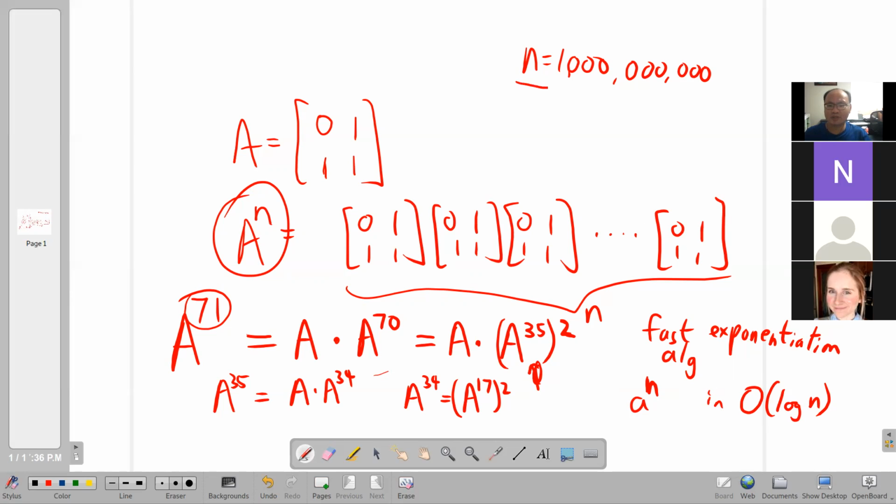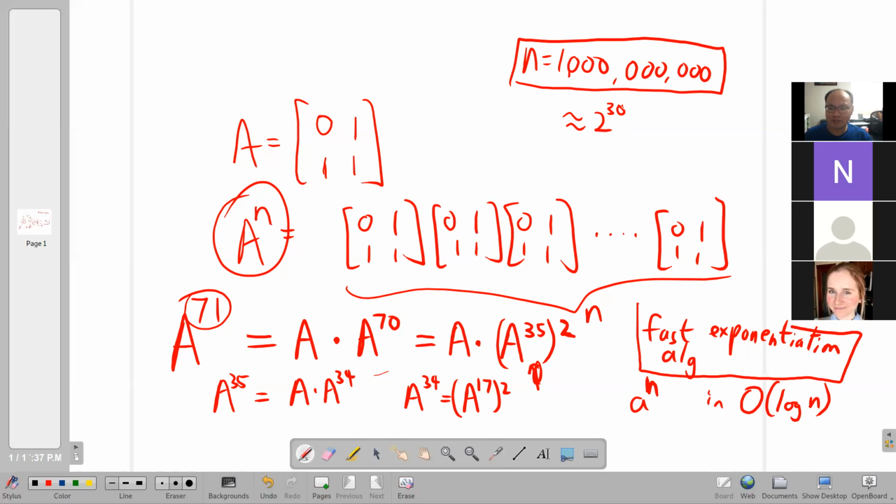When n is a billion, that's about 2 to the 30, so that's basically about 60 steps, because in 2 steps we can reduce it by half.